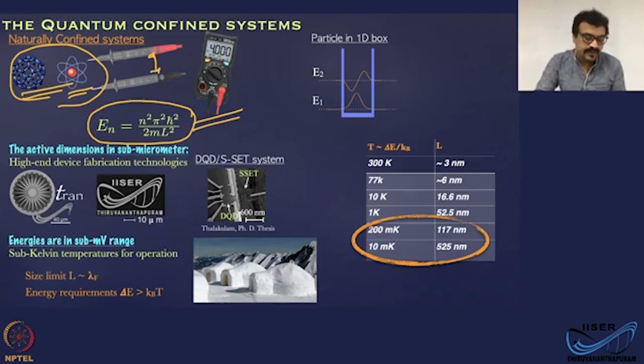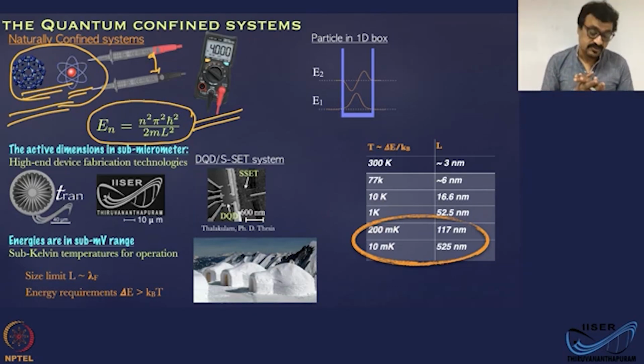So, the systems we are discussing here are mesoscopic systems, or systems whose dimension is above the naturally confined but far below the bulk systems such as a resistor or a capacitor or inductor.